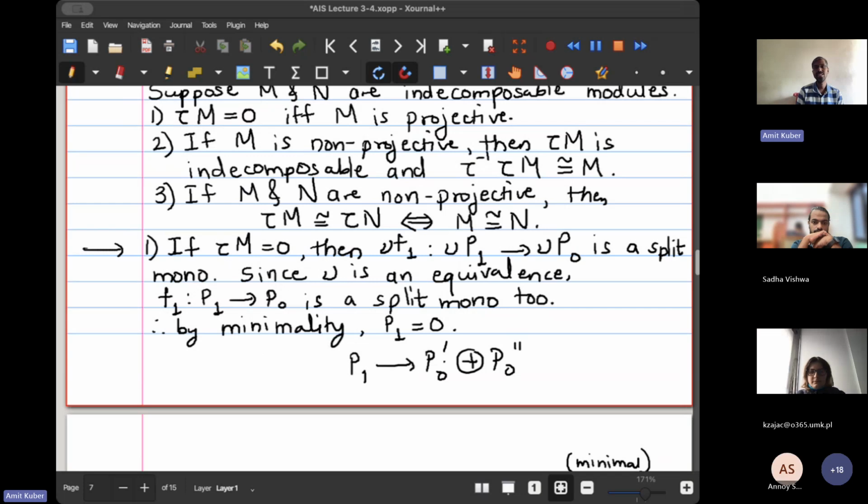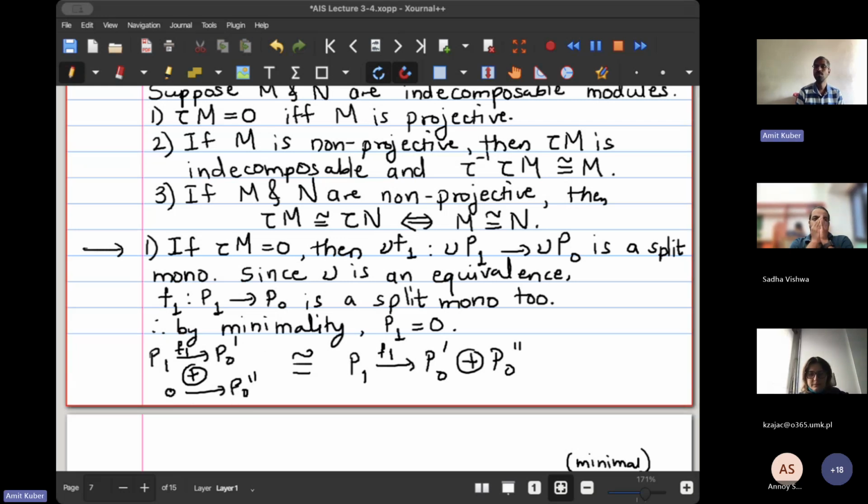Yeah, this is what will happen. This is our F1. Now, obviously, we know that it maps into only one of the components. P1 to P0' is an isomorphism. So this can be written as P1 to P0', whatever is the real F1, and direct sum 0 to P0''.